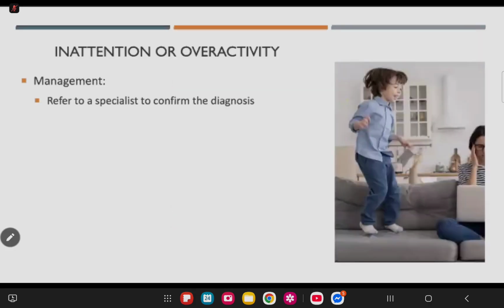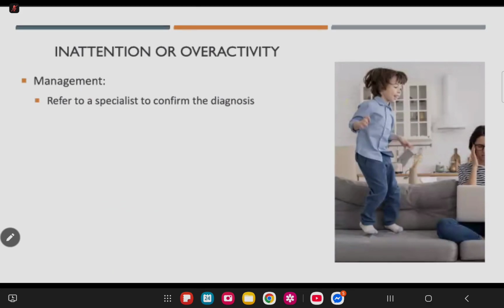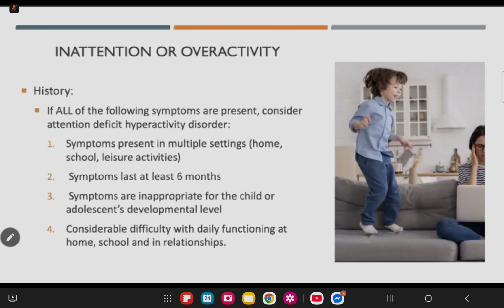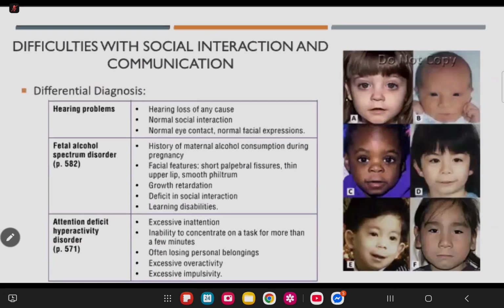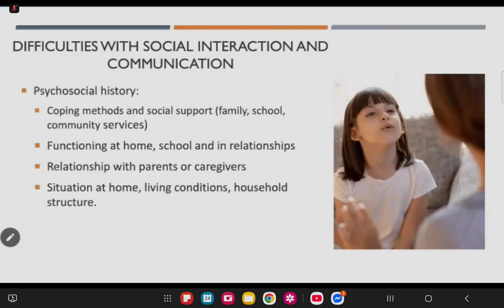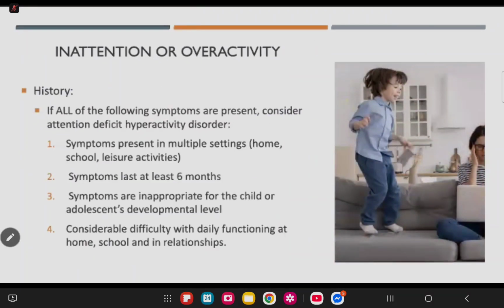Hello? Yes, Doc. No questions, sir, Doc. Okay. Did you hear the last part or was I cut off? Cut off, Doc. Where was I cut off? Can you tell me? After the history, Doc. Okay, after history. Sorry. So, after this slide, or at the ADHD? Here. Yes, after that, Doc.